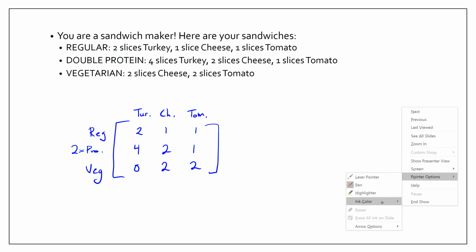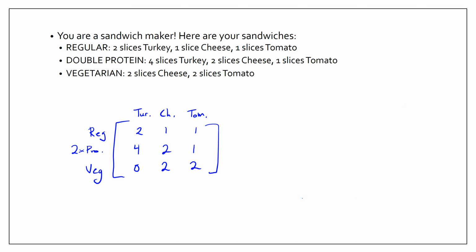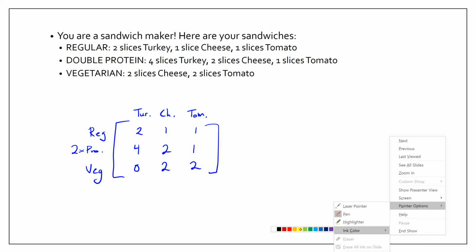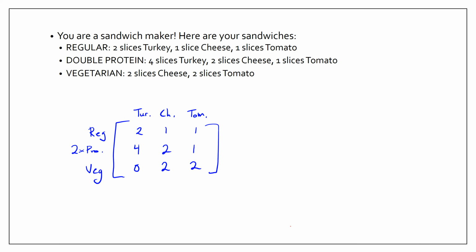Anyway, the point is, I wanted to remind you of the problem that we're doing. So remember, I had this sandwich shop, and it makes 3 different types of sandwiches, and they each contained a certain amount of turkey slices, cheese slices, and tomato slices, and I could store that information in a matrix. Remember also the matrix we name by rows, there are 3 of them, by columns, which there are also 3 of.